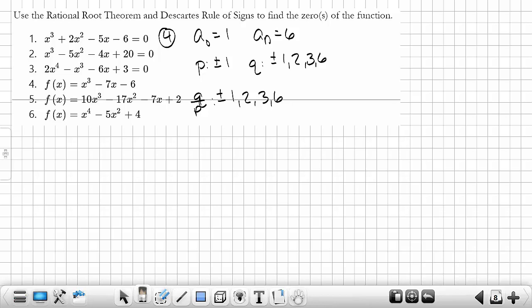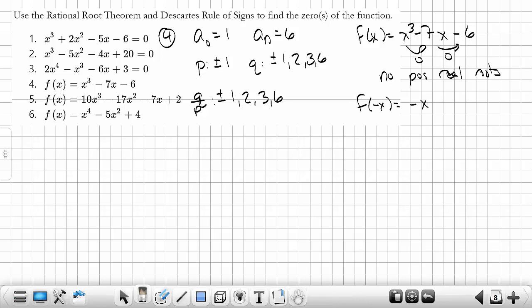Descartes' rule of signs, copying number 4 over. F of x is equal to x cubed minus 7x minus 6. No change, no change, so no positive real roots. F of negative x is equal to negative x cubed plus 7x.